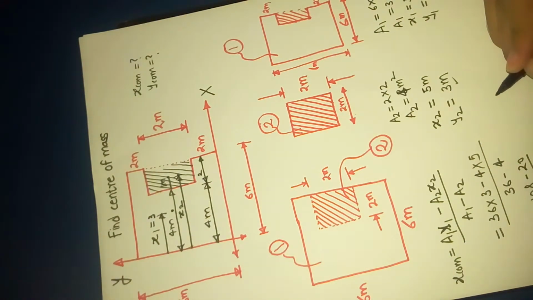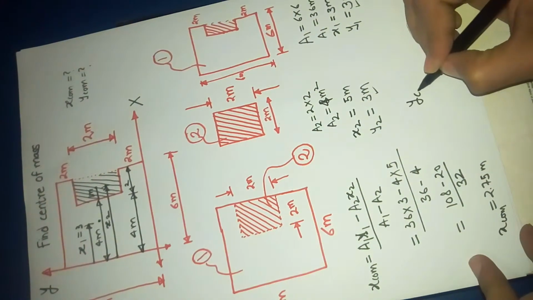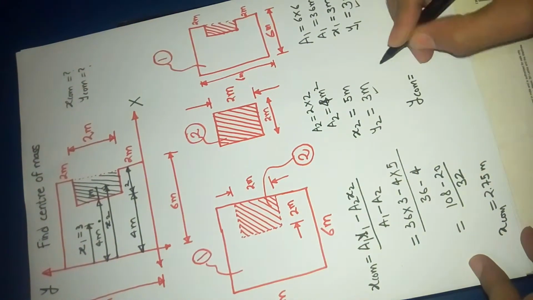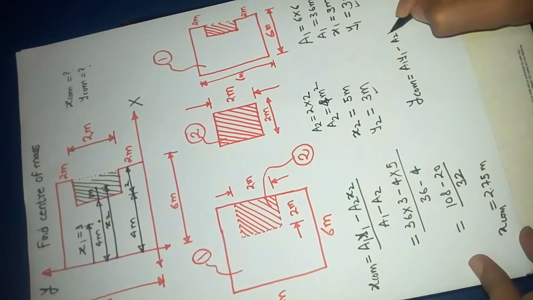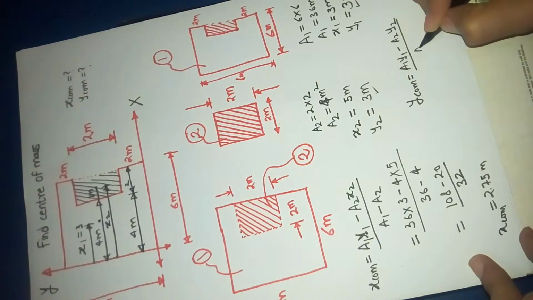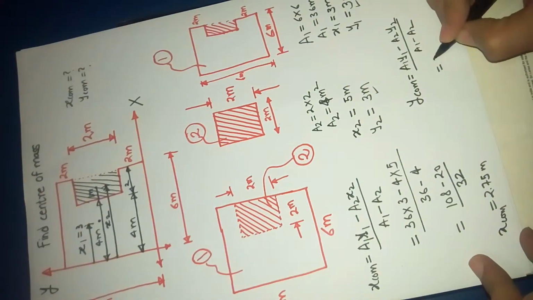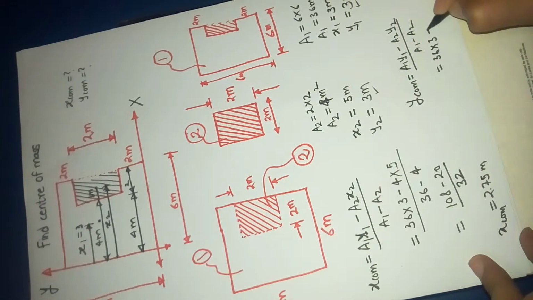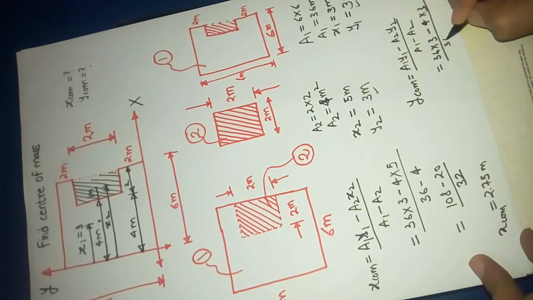Similarly, you can go for y center of mass. Y center of mass, same formula, A1 y1 minus A2 y2 upon A1 minus A2. A1 is again 36, y1 is 3, A2 is 4, y2 is 3, A1 minus A2 is again 36 minus 4.